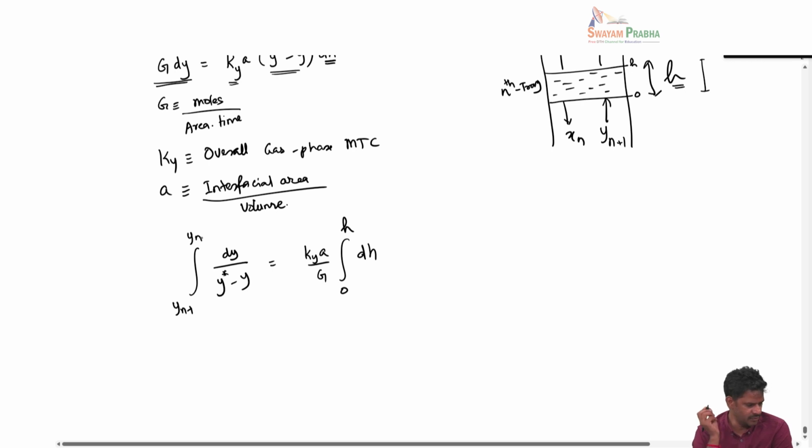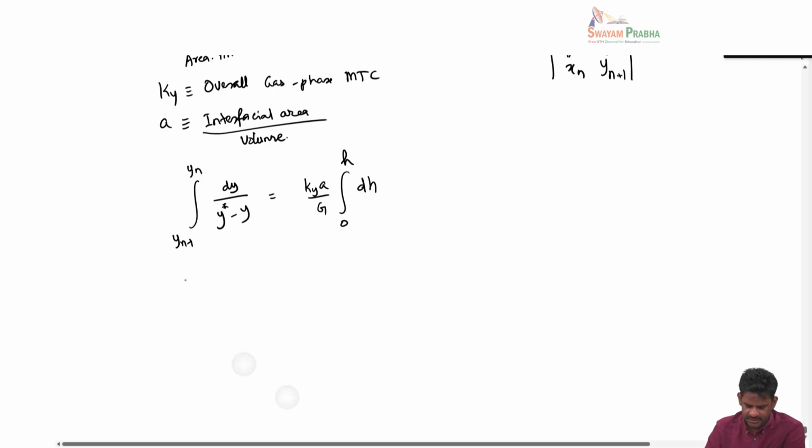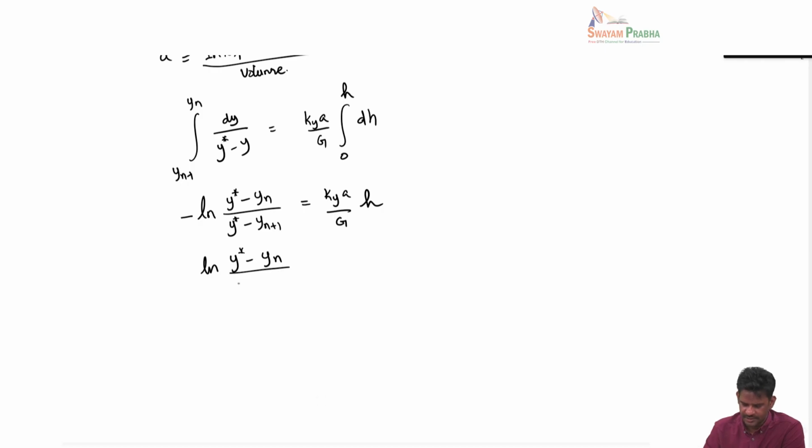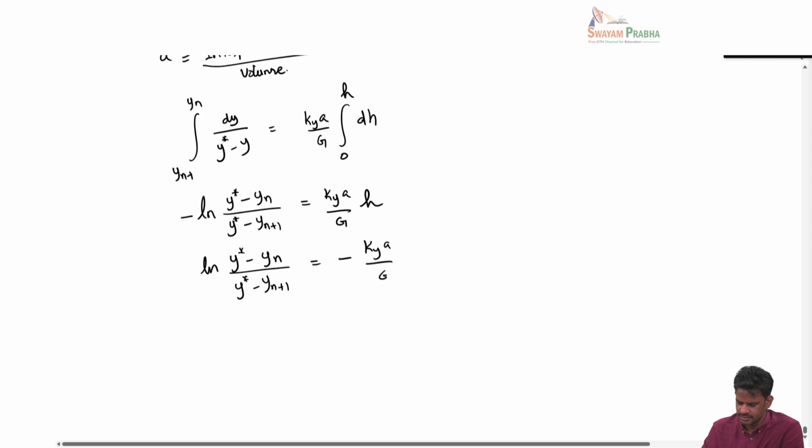So these are the bounds. We can integrate this, and we get minus ln of (y star minus yn) by (y star minus yn plus 1) is equal to Ky a by G times H. I will take the minus sign to the other side, then I have minus Ky a by G times H.